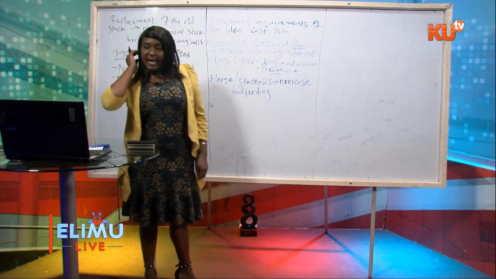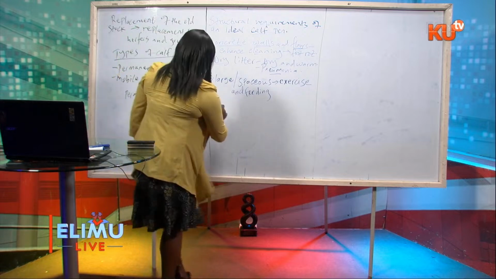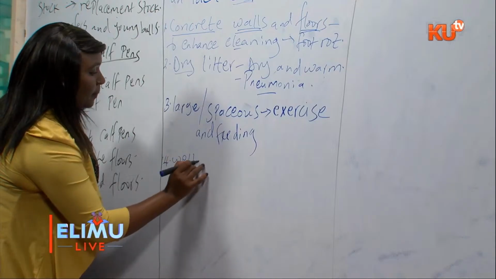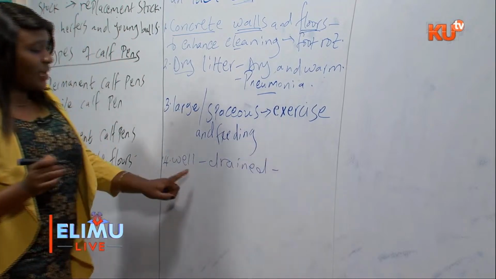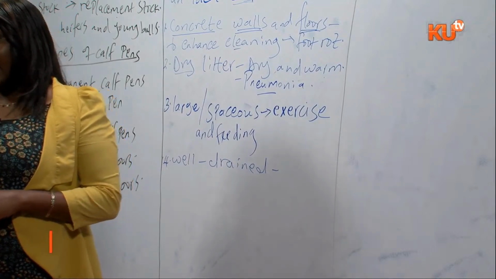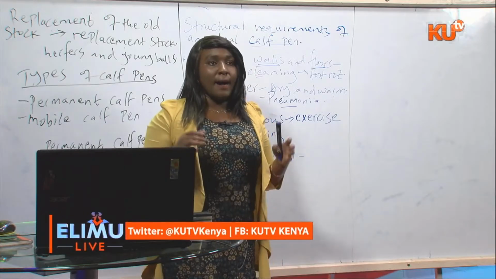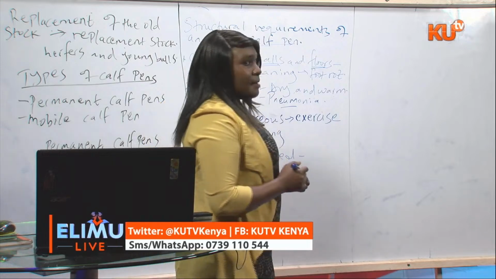We require an area that is well drained. The calf pen should be sited in an area that is well drained. Again, we don't want to allow damp conditions in the area.